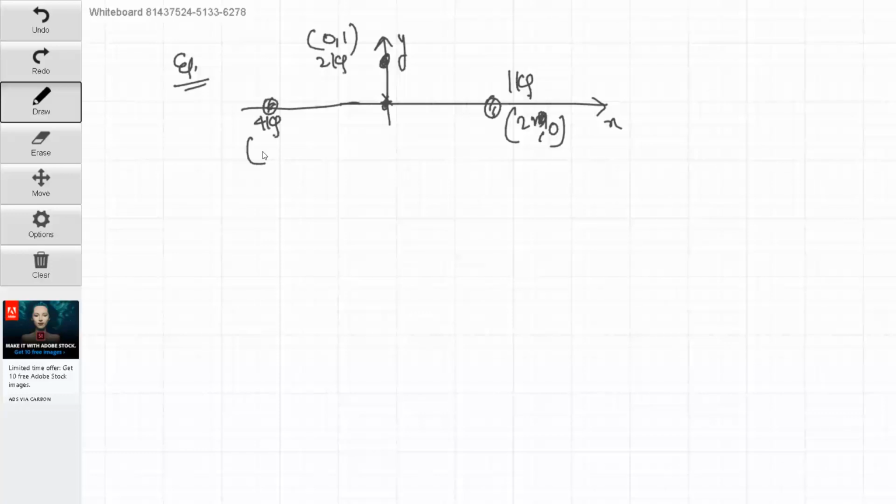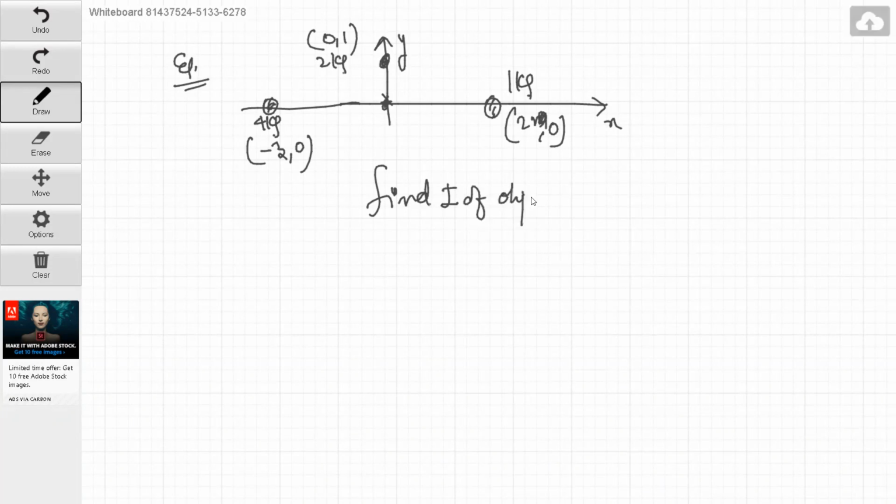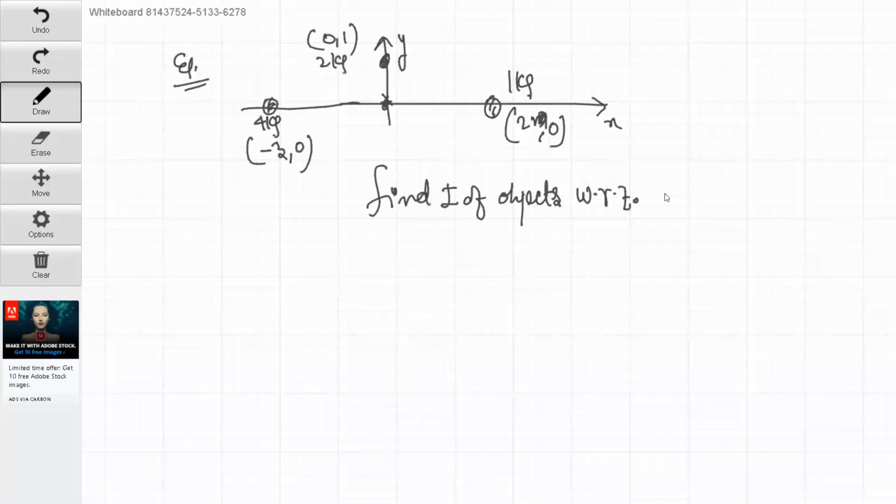That is equal to minus 3 comma 0. So find the moment of inertia of the objects with respect to origin. What is the moment of inertia of the object with respect to origin? Do it first.